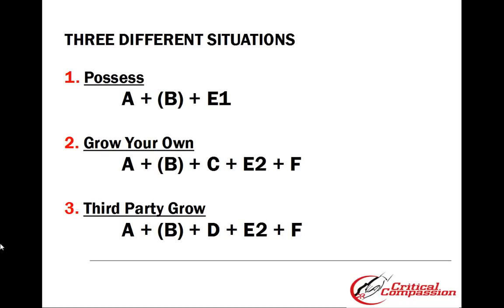So there are 3 different situations in which you could fall. You can just have an authorization to possess. That is situation number 1, where you only need to send in 3 forms: Form A, Form B, which I have in parentheses, meaning that you can either be a B1 or a B2 depending on your situation, and E1, meaning the authorization to get your medicine from Health Canada directly.